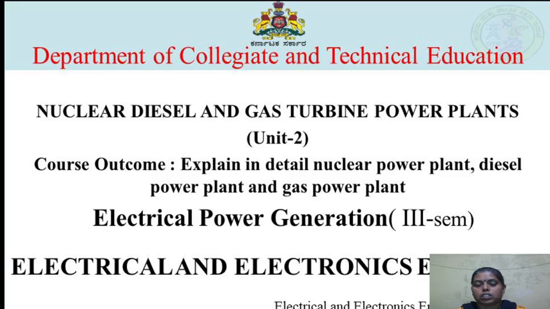The main purpose of studying this course is to know the different types of electrical power generation methods, their types, their applications and their merits and demerits, and their comparison with the types of different power plants.